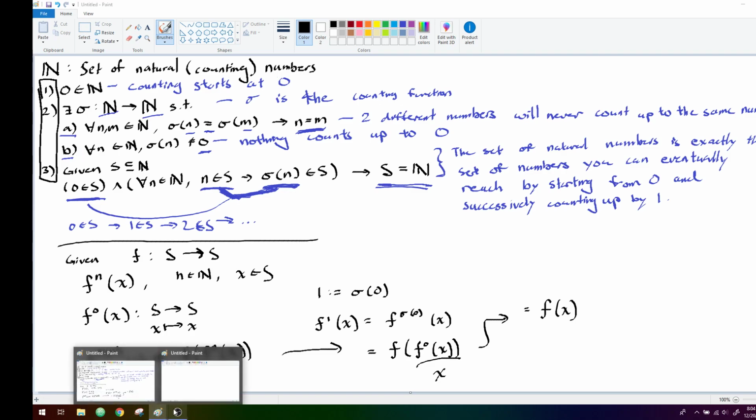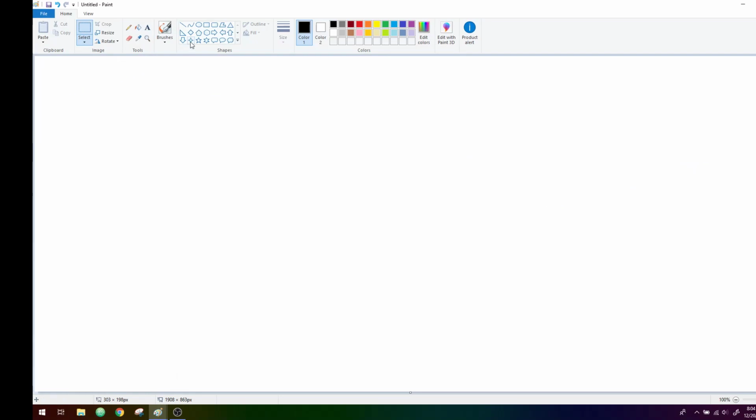And to illustrate this further, let us show that our definition of applying functions multiple times respects this law. We want to show that for all n in the natural numbers, given some function f that goes from some set to itself, this property is true.